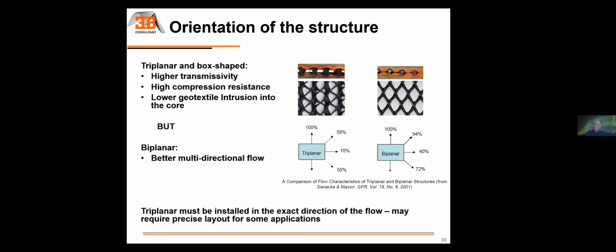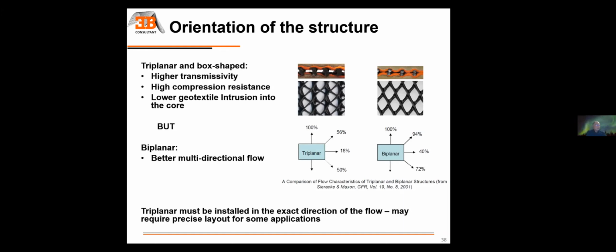Actually, that's something that you should design, because if you look at the structure of these products, the triplanar geocomposites are going to have a very high orientation, which means the flow in the direction perpendicular to the main ribs will be extremely slow. It's extremely small.